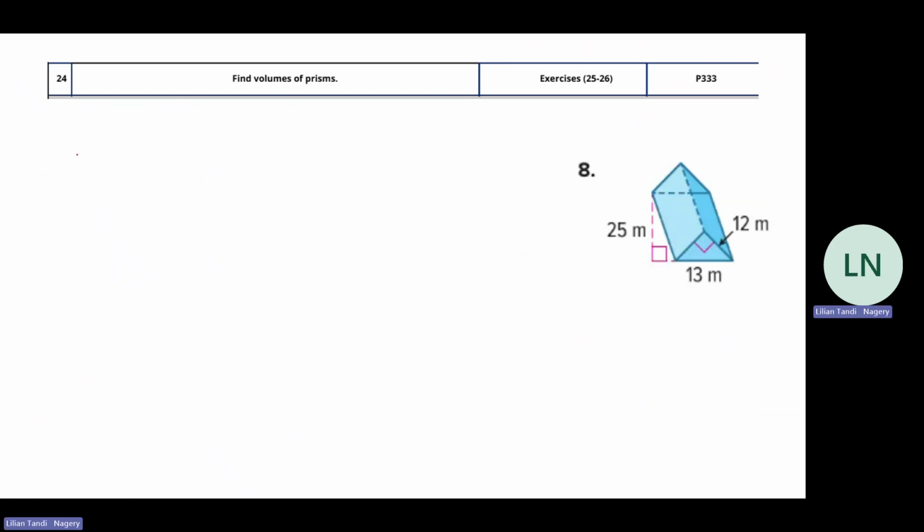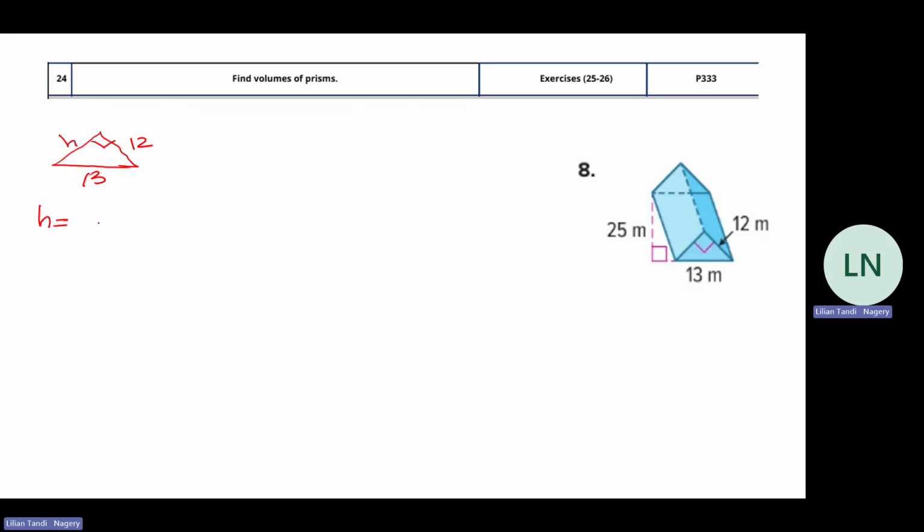Okay, same thing here. I have my triangle, which is like this, something similar to this, or it is like this. Okay, so this is 12 and this is 13. So I need the height. I don't have the height.